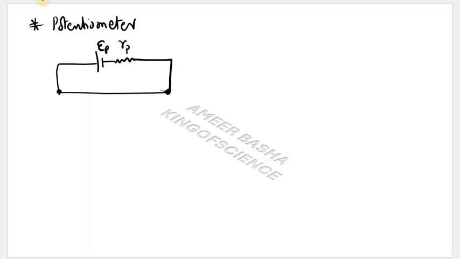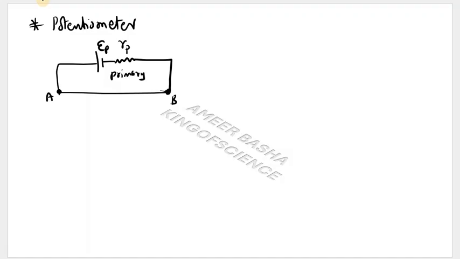Any length we can consider. Let's say this is the length of the potentiometer. We require one battery here, which gives one resistor here. This is the EP, this is the RP. Generally we call it the primary circuit.